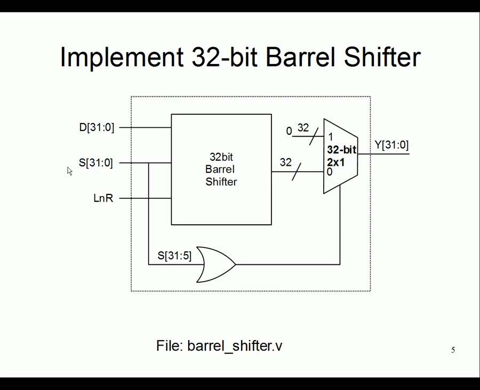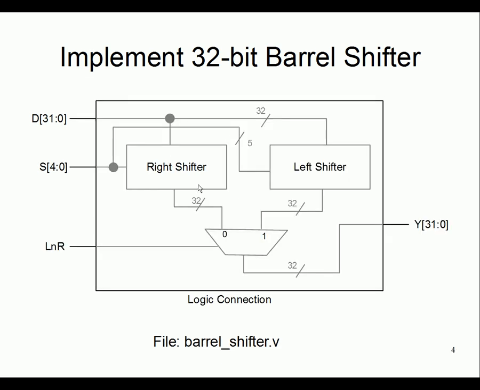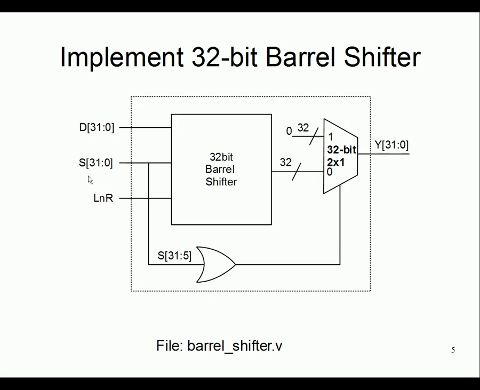That means one of the operands will be 32-bit, directly connected to the barrel shifter, and for another 32-bit operand, I haven't shown it here, but we take the 5 bits, 0 to 4, connected to the 32-bit barrel shifter we just implemented, and the rest, 27 bits, will be connected to a 27-bit OR. So why so?